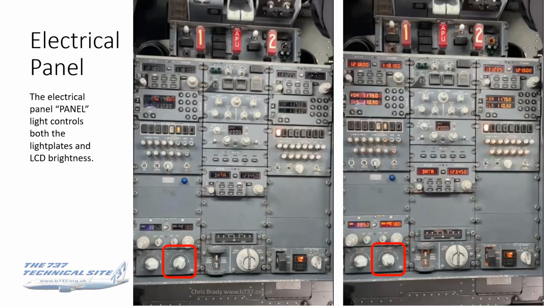The electrical panel, the control for that is the inboard one of the pair, the sort of back left of the panel, labelled panel, and that controls both the light plates and the LCD brightness. So again, you can see, off and fully bright on the right.